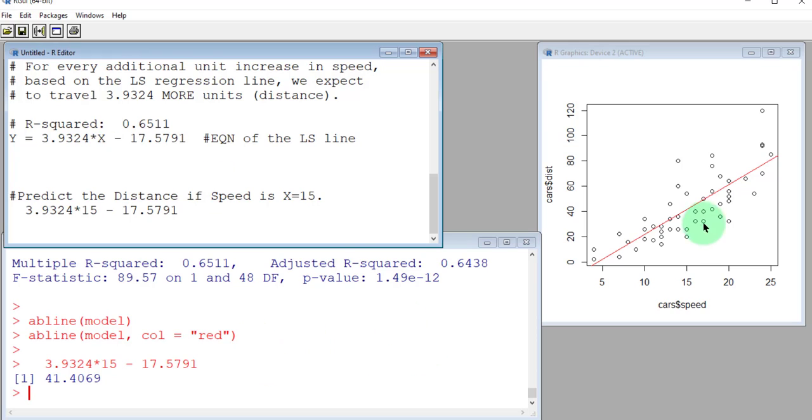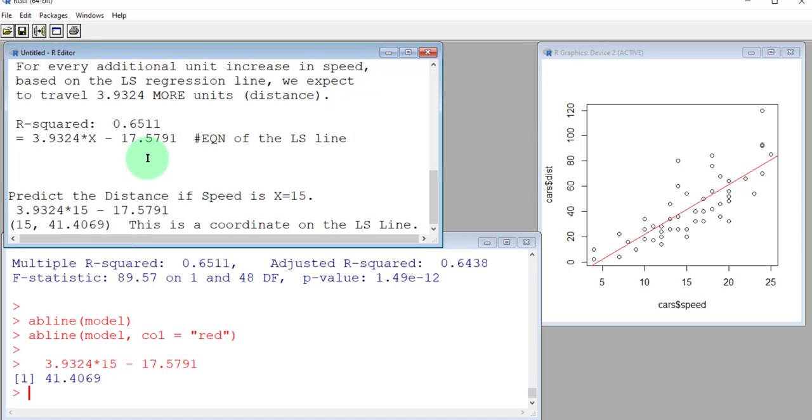Even just looking at the graph, I should have expected a number near 40, right? Because 15 on the x going up to the red line appears to be about a y value of 40. So we have a coordinate on the line of 15, 41.4069. This is a coordinate on the least squares line.